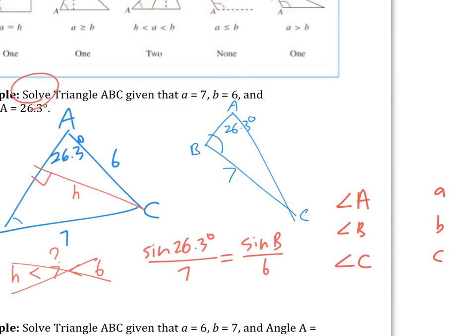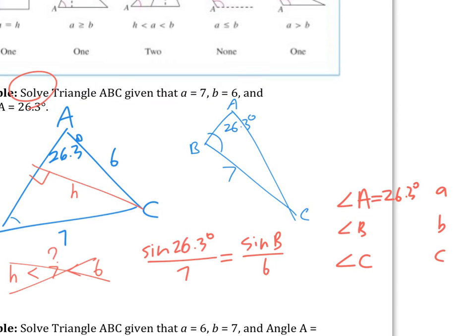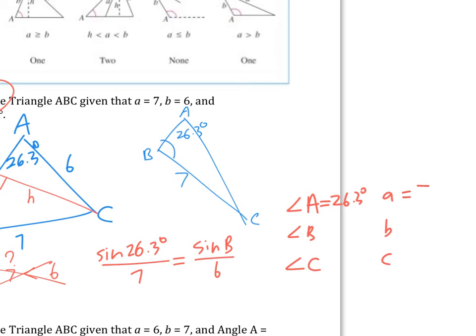All right, so go ahead and figure out all the missing items. And the whole reason we're doing this ambiguous case and we have to figure out whether it's ambiguous or not is if you don't do that, your calculator will only give you one triangle.